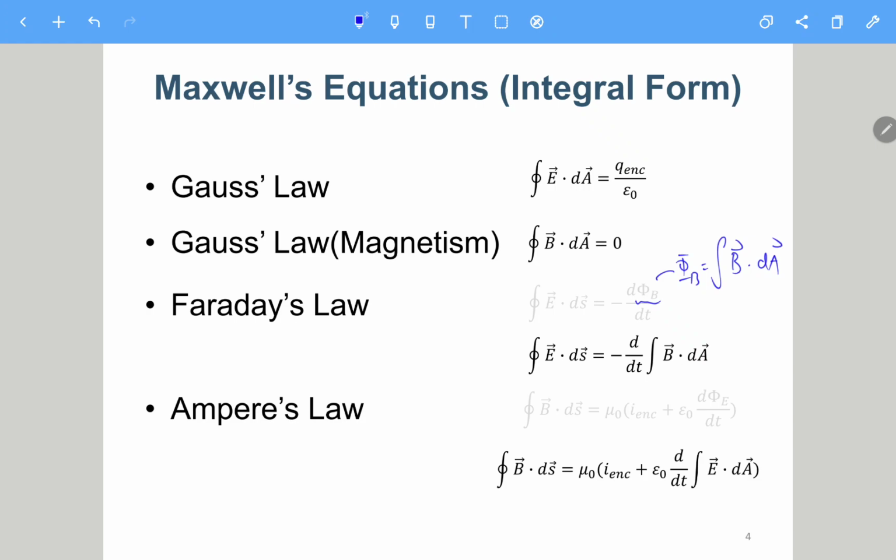Of course, this is not a closed surface. This is only bounded by a contour, so we don't have a circle here, but we can write it out like this, so that it looks like the closed surface integral, but it is not actually the same. This is a surface integral for a closed surface. This is not. This magnetic flux might be varying in time, and it will generate an E field. But here we assume a static B field, without any E field changing.